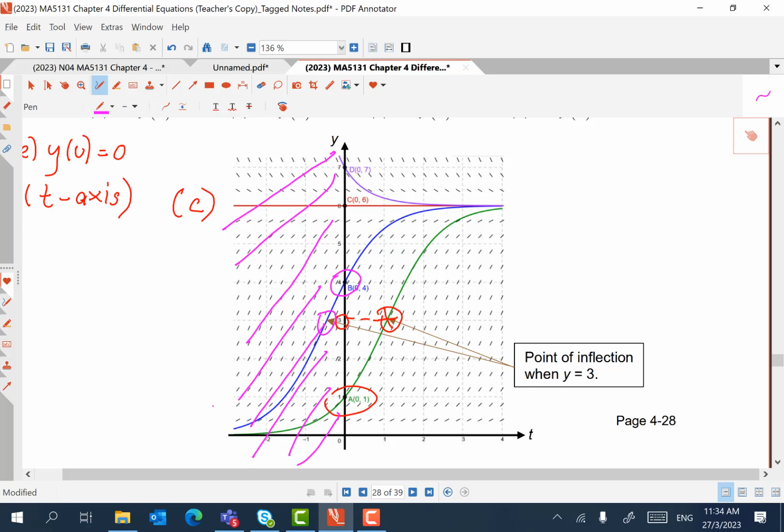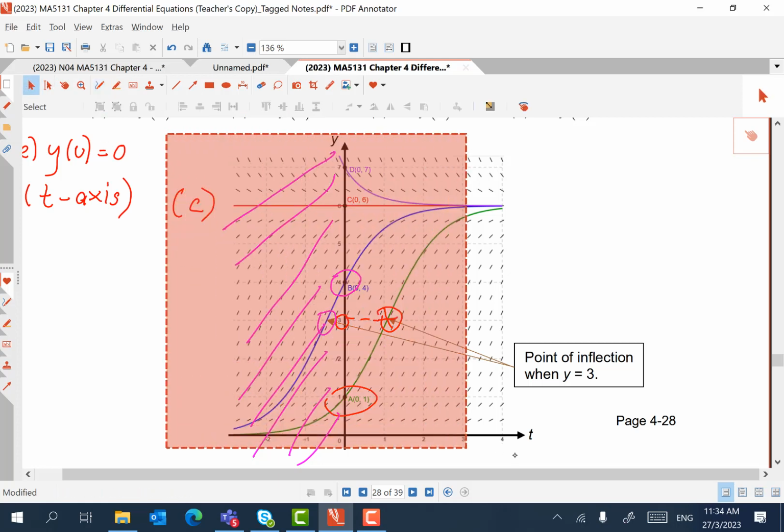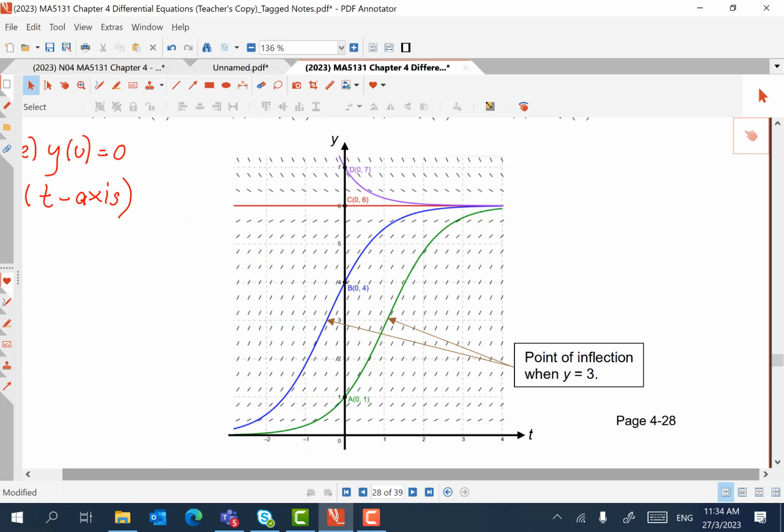Which therefore says, if you start off above L over 2, in this case L over 2 is 3, you won't get any inflection point. You know what I mean? So when that happens, if you really insist, this point is where you achieve the highest gradient. You know what I'm saying?